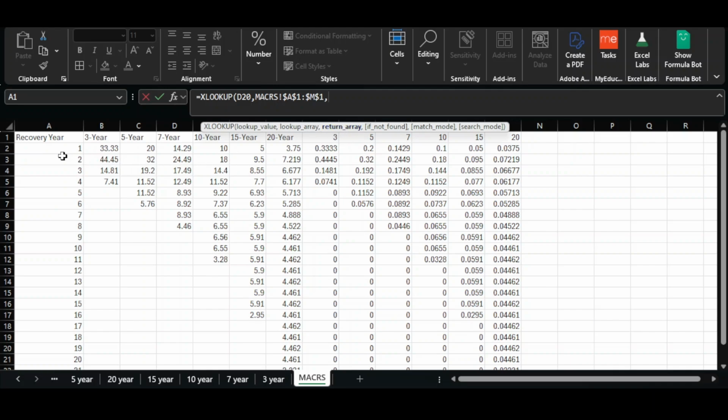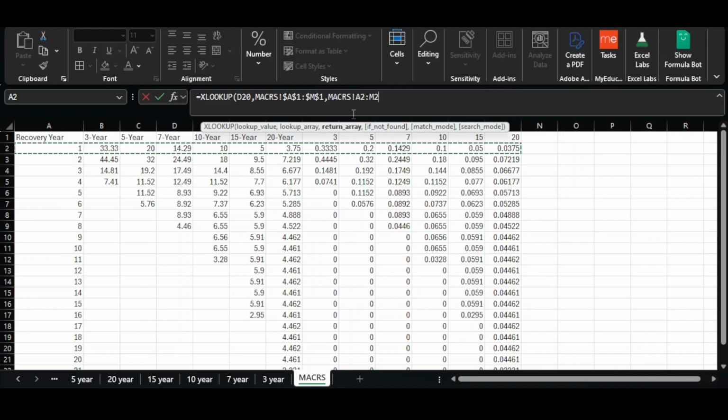For the return array, you'll have to highlight the same size of array below it. So this time it's A2 to M2. Now you don't want to put $ signs on it. You want this to become a relative reference so that it can be used further down when you fill the formula down in the 3-year sheet.